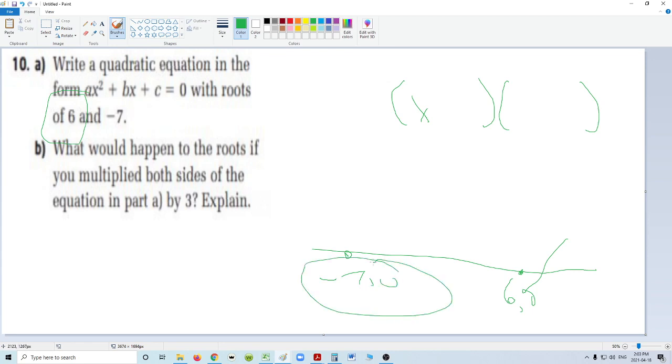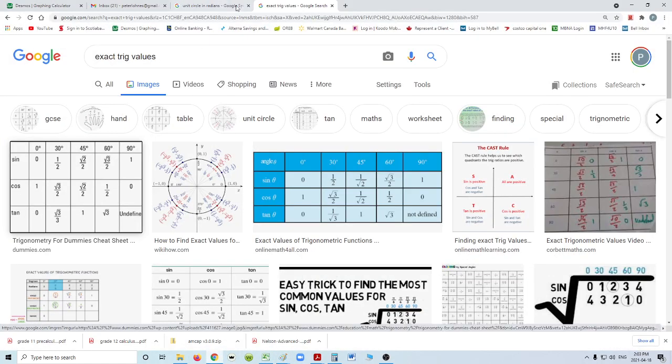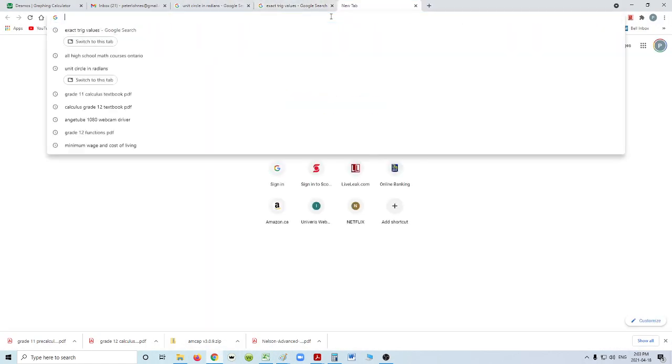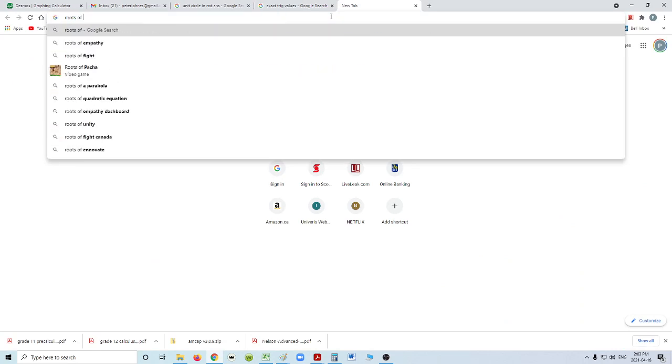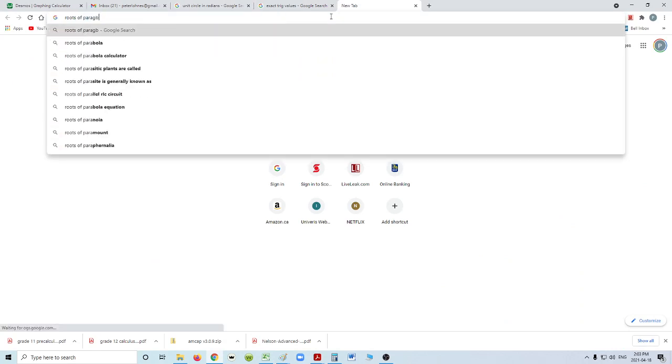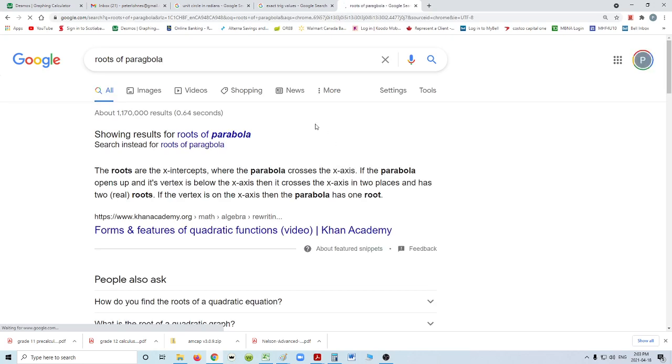Well, what's interesting is, and actually, you know what? Let me make sure, because I think the roots are the actual values. Roots of a parabola. So let's see. Yeah, the roots are the actual x-intercepts.